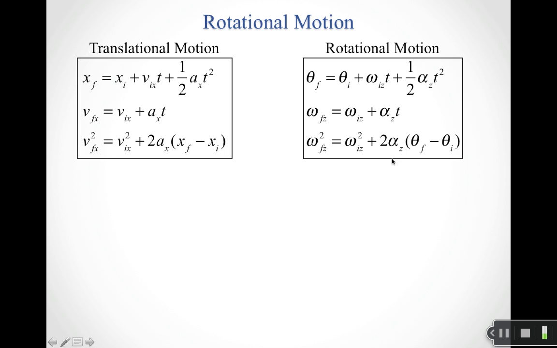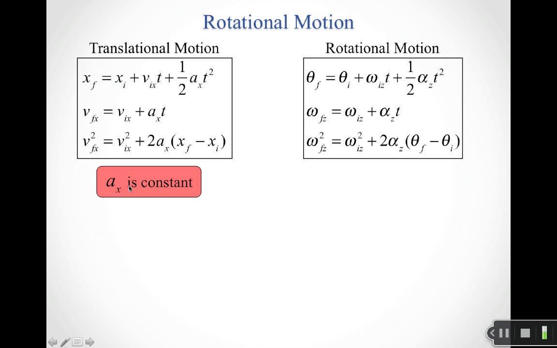The x's become thetas, the v's become omegas, the a's become alphas, and I have exactly the same set of 3 equations. I have 2 equations that depend on time, one that tells me about final angular position, one that tells me about final angular velocity, and then I have an omega squared equation, an angular velocity squared equation, just like the v squared equation, that tells me about what's going on without time.